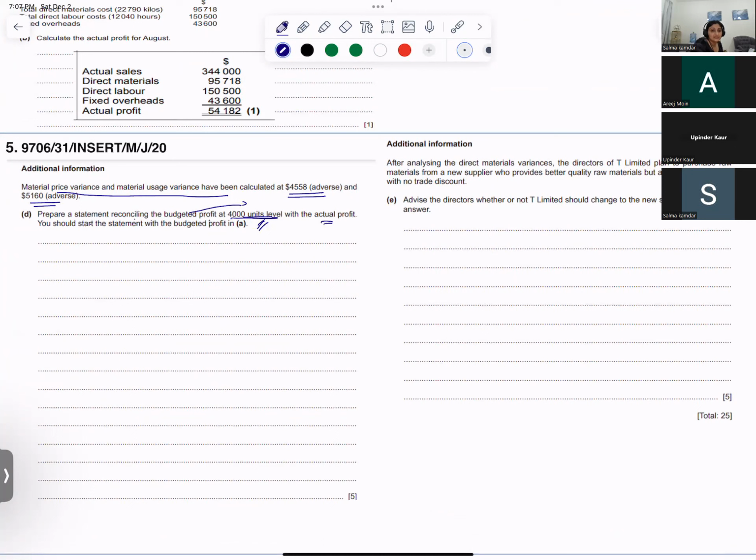That means you have to reconcile the profits. So you will start with budgeted profit. What is your budgeted profit? 62,000.